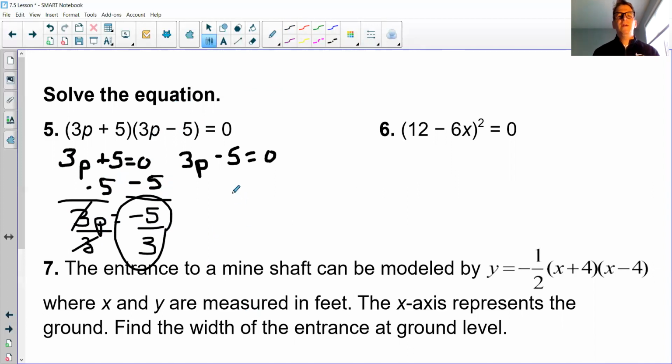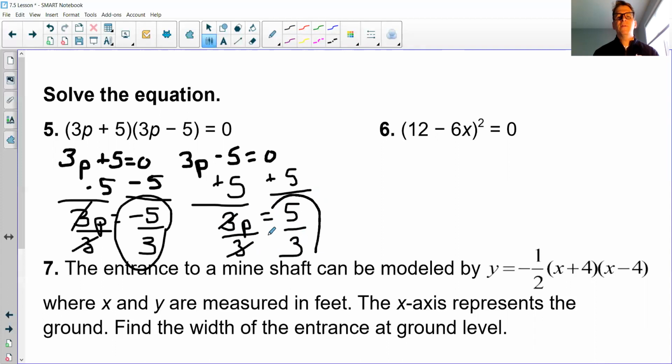And you can see if you add 5 to both sides, divide by 3, divide by 3, you end up with the +5/3.